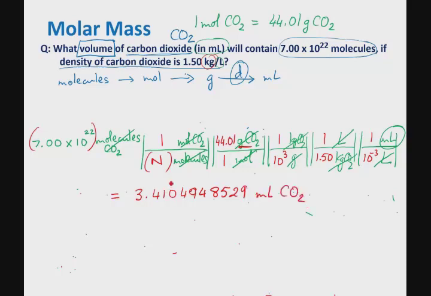It should be in 3 significant figures because both the molecules and the density are given in 3 significant figures. So when we round it, our final answer is 3.41 mLs of CO2.